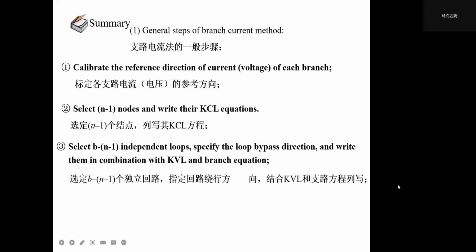Once you've done it, all the results are associated with this set. So we can use the KVL constraints to write it. Now we already know the number of independent KCL equations and the number of independent KVL equations, so we can use this to calculate.